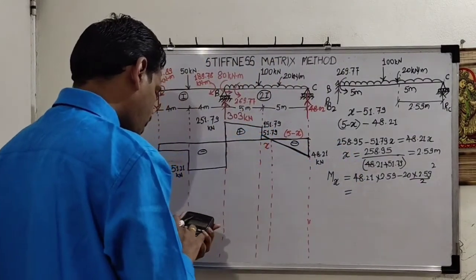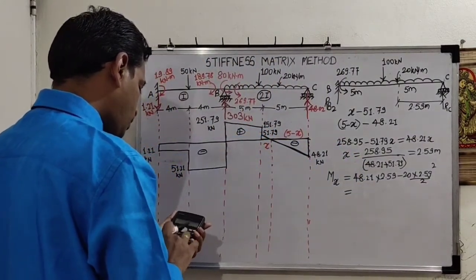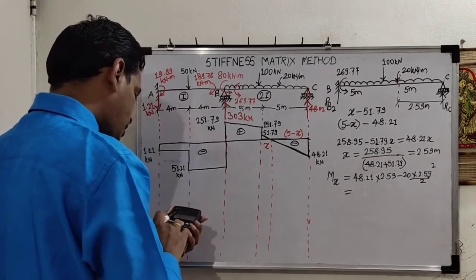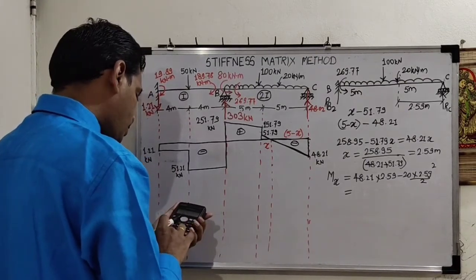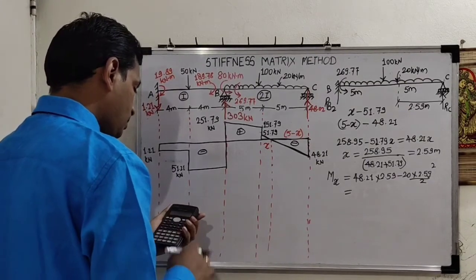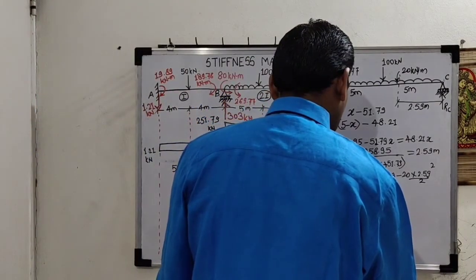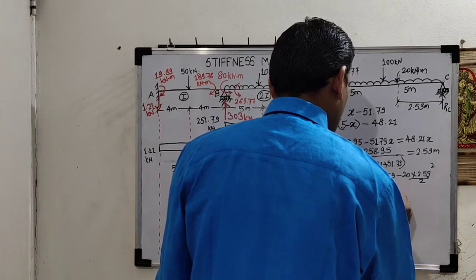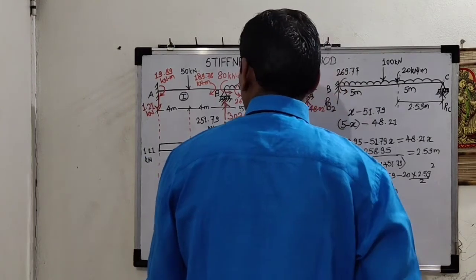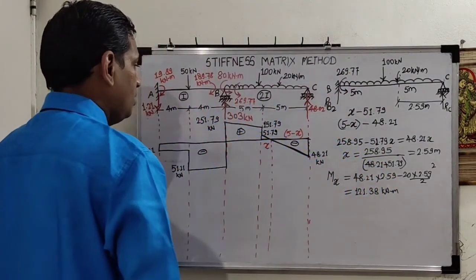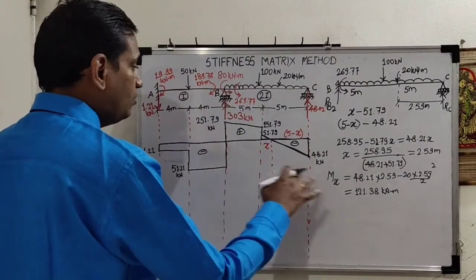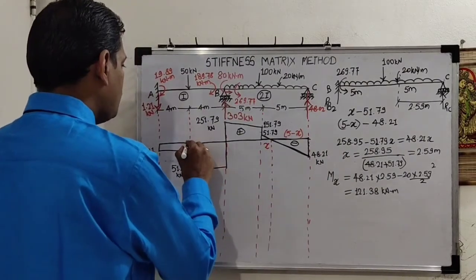So let us calculate 48.21 into 2.59 minus 20 into 2.59 square by 2. So answer is 121.38 kilonewton meter.